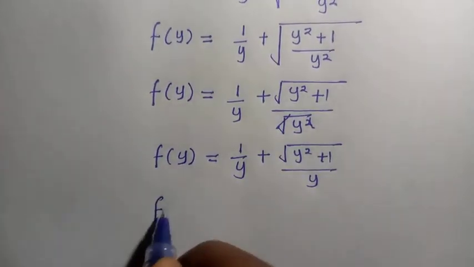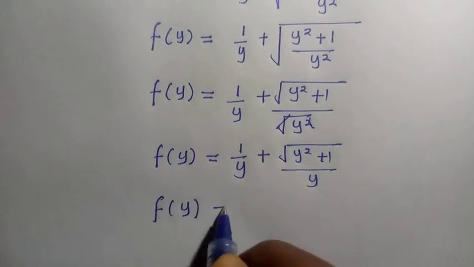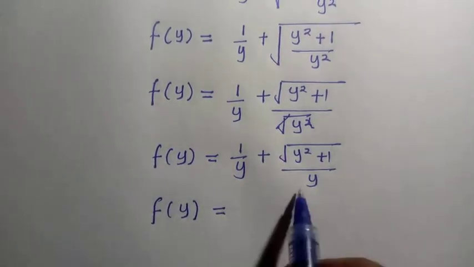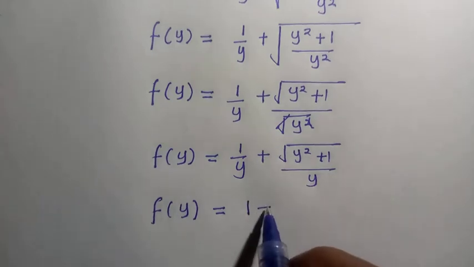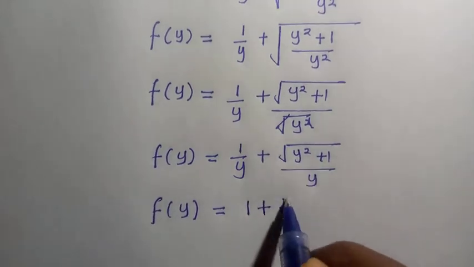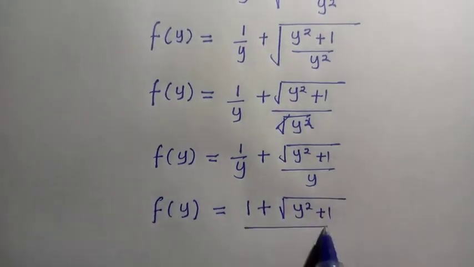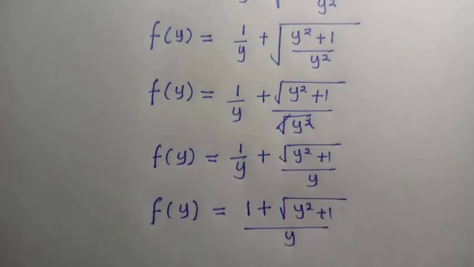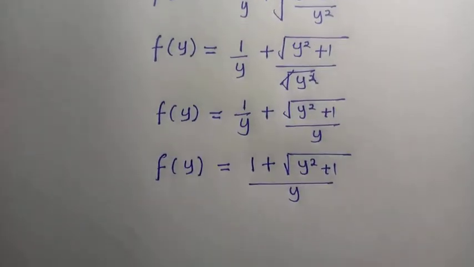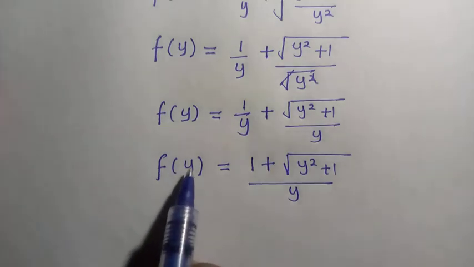And here we have f of y equals, so by taking the LCM, we have at the numerator 1 plus the square root of y squared plus 1 divided by y. But what we want to find here is f of x. So we just use this one to rewrite the expression for us to have 1 over x looking as x.